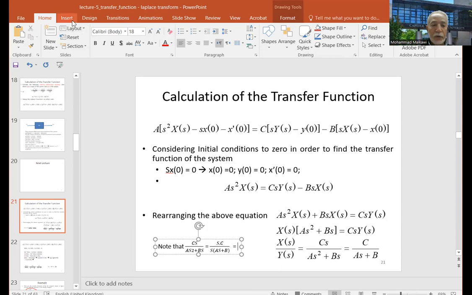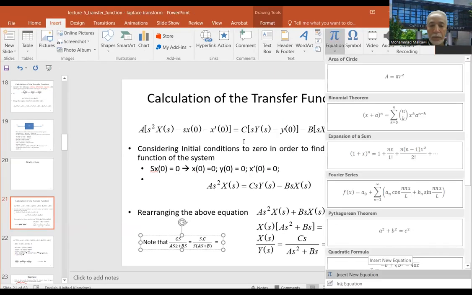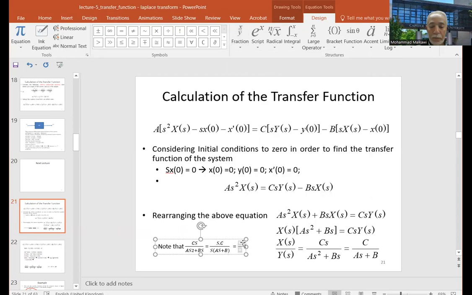Again, I have to insert my final equation. This is c divided by a s plus b. So that's where we got this a s plus b from here. That's why we said this is a simple algebraic equation.